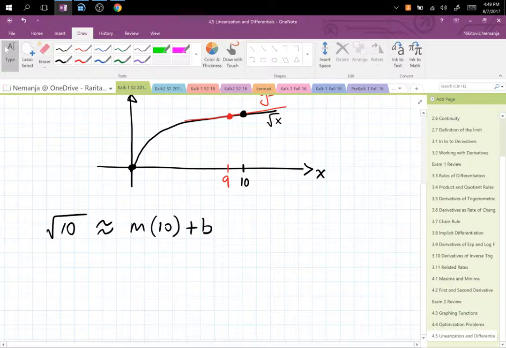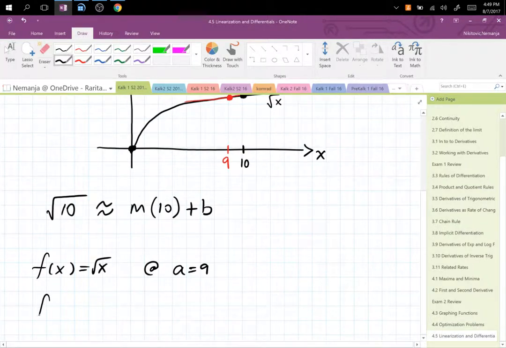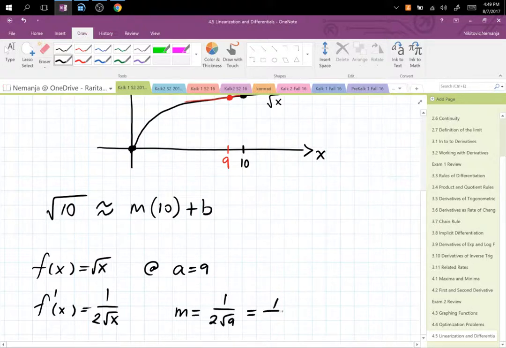We know how to find the tangent line for f of x equals root x at a equals 9. To find the tangent line, we find the derivative, right? So the first derivative would be 1 over 2 root x, which means that the slope is 1 over 2 root 9, which in this case is 1 over 6. We also have the point (9, 3), because the x value is 9, which we know, and we can calculate the square root of 9 is 3, so we have an x and a y.